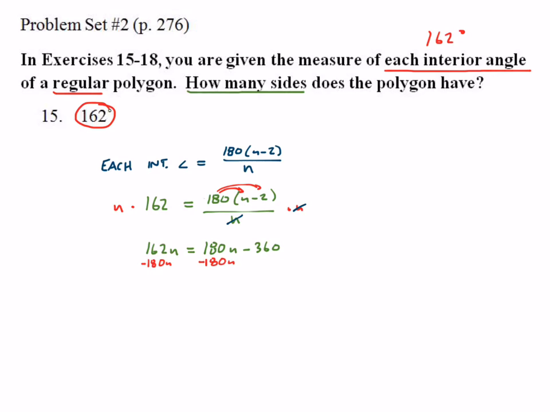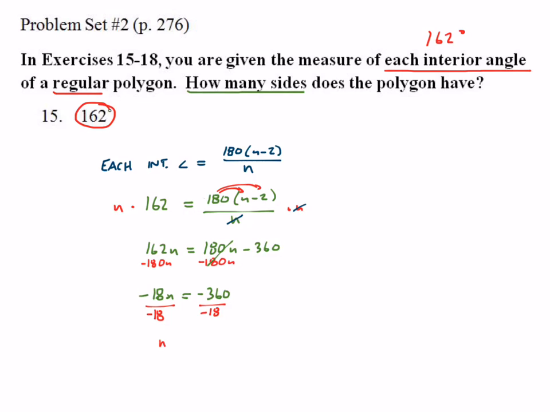When I do that, I'm going to end up with this canceling out, and I'll have negative 18n equals negative 360. And then finally, to get n by itself, I can divide both sides by negative 18.